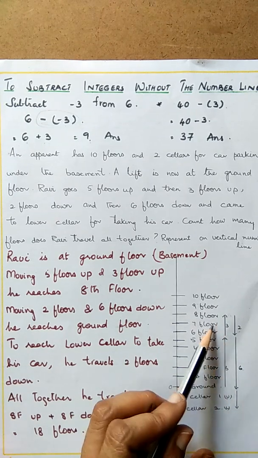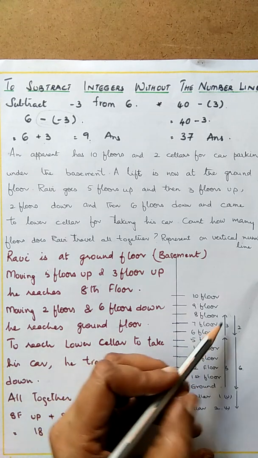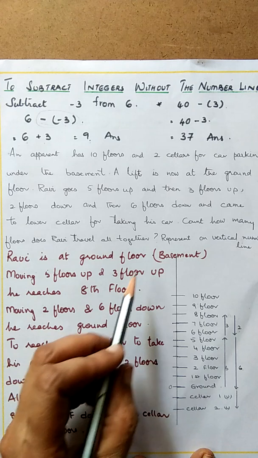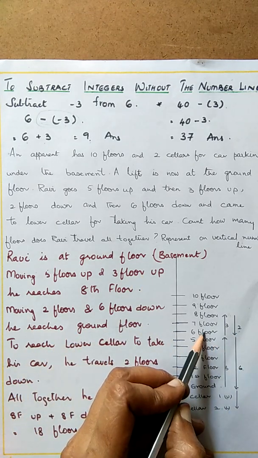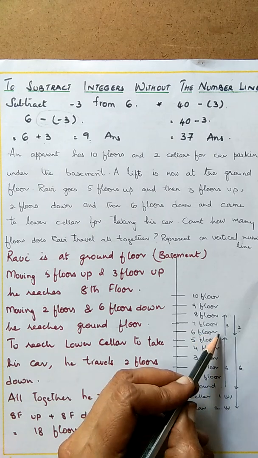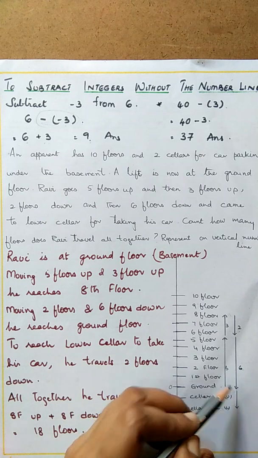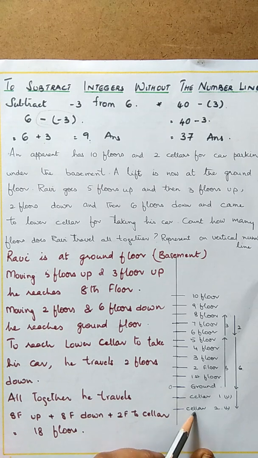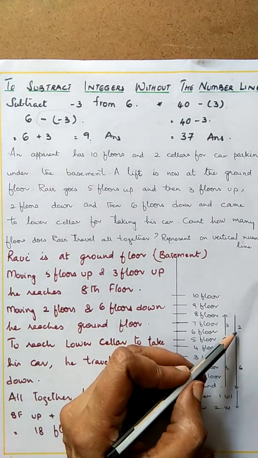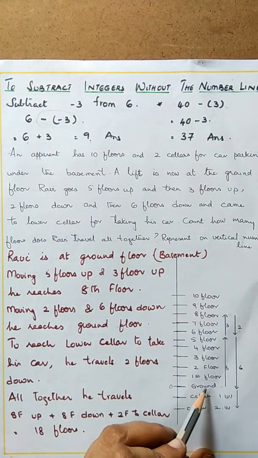So, totally 5 plus 3, 8 floors he had moved up. And then from the 8th floor, he came 2 floors down and reached the 6th floor. And after some time, from the 6th floor, again he moved 6 floors down. He came down in the lift to the ground floor. So, finally he came to the ground floor.